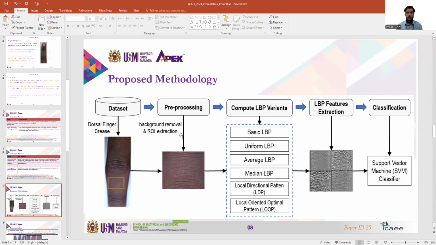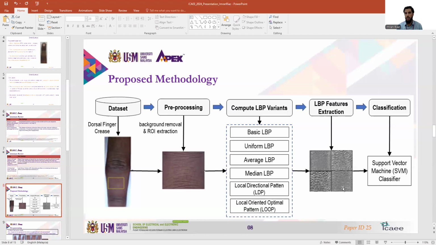And after extracting this ROI, we apply these 6 different binary patterns, including the basic local binary pattern, uniform, average, median, local directional pattern, and the local oriented optimal pattern. And then we apply these LBP variants, and we get the LBP-based features.